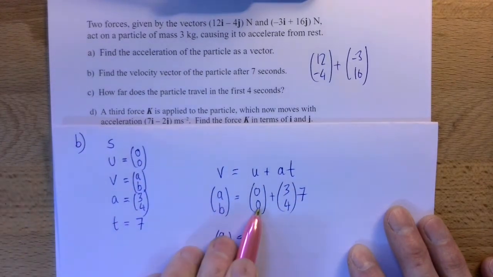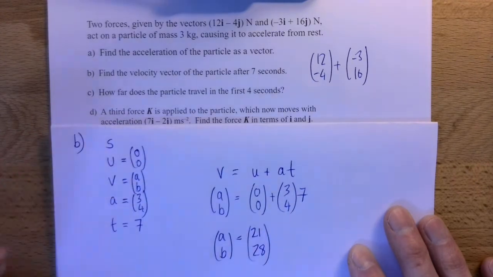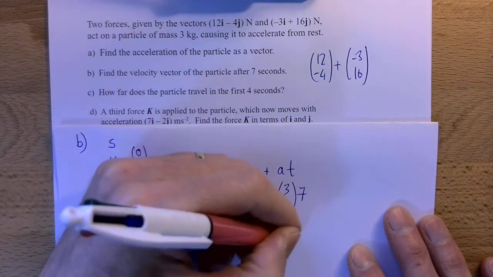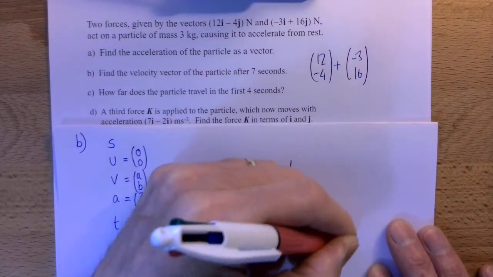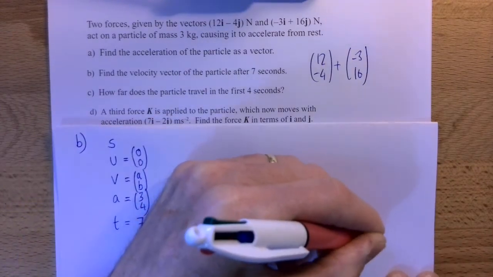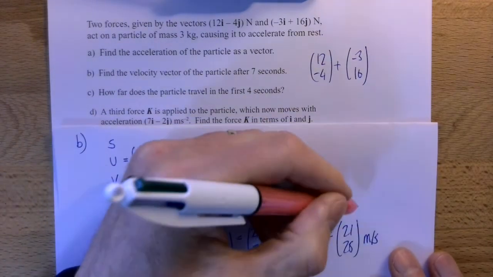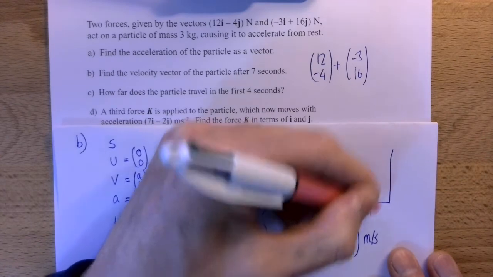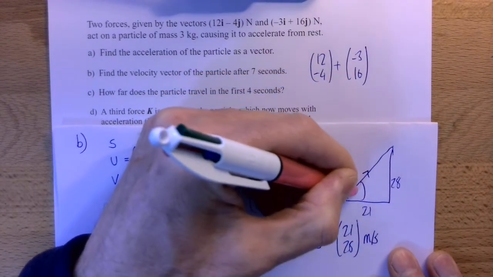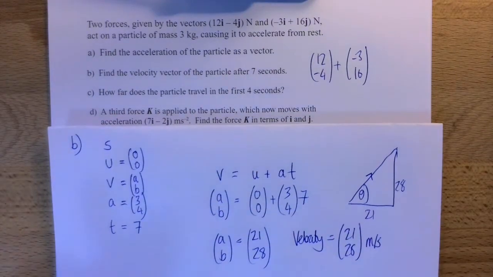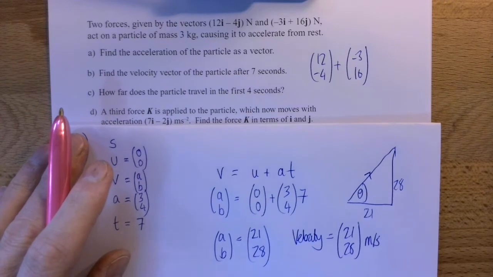And b is going to be 0 plus 4 lots of 7, which is 28. So that's the velocity. If it had asked me for the magnitude, then I would have done my little picture and worked out that length. And if it asked for the angle, I would have done that as well, but it didn't. It asked in this case for the velocity vector after 7 seconds.